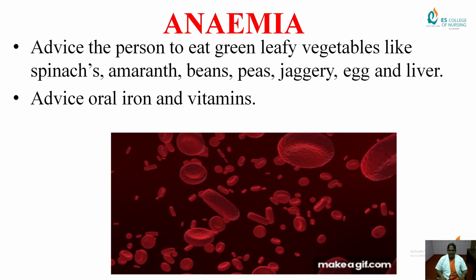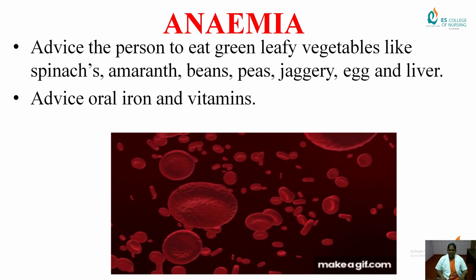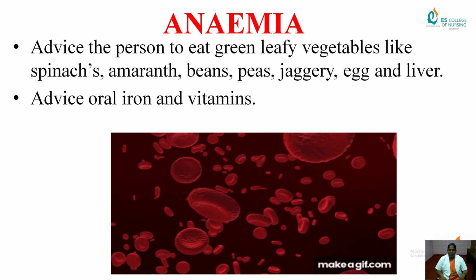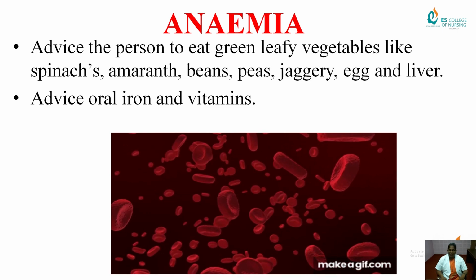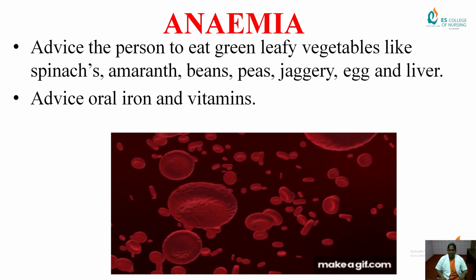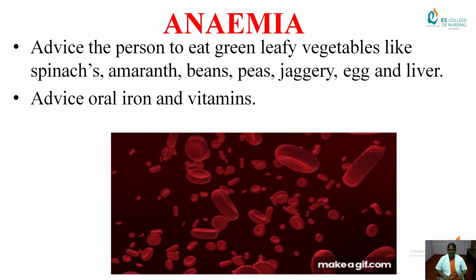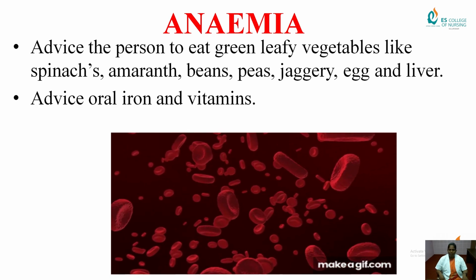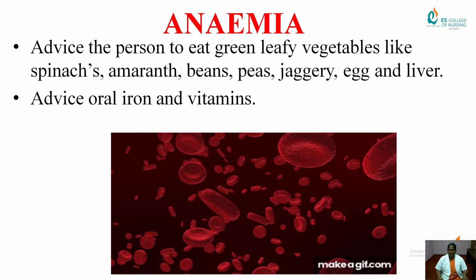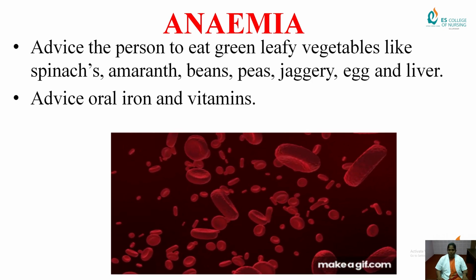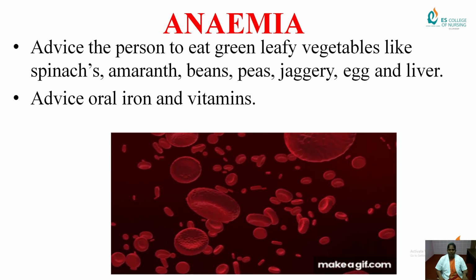Next, anemia. This is the most common minor ailment in adults, mainly focused on adult female people. Advise the person to eat green leafy vegetables like spinach, amaranth, beans, peas, jaggery, egg and liver. Advise oral iron and vitamins.